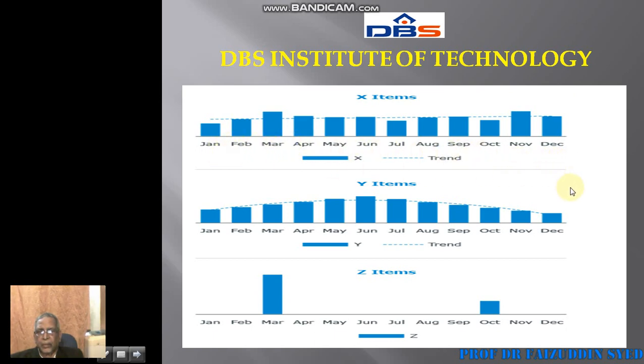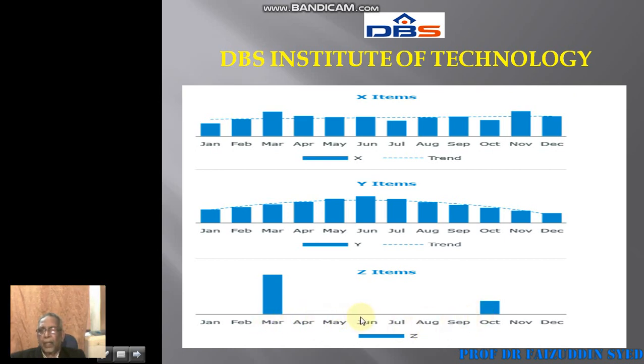The same way Y items, these are also like this, everyday useful materials. You should know which item is going to be exhausted, and immediately we will have to order these materials. Then finally some of the items we require only occasionally or rarely.